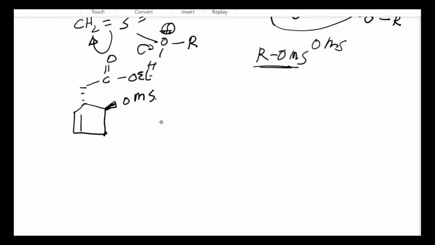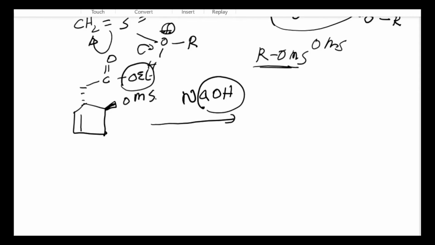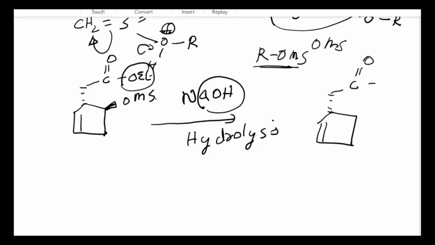In the same way, we get OMs, right? After that, another reagent is sodium hydroxide. So there is an ester and there is sodium hydroxide. So what will happen? Hydrolysis of the ester to the carboxylic acid. So here C=O OH and there is an OMs.